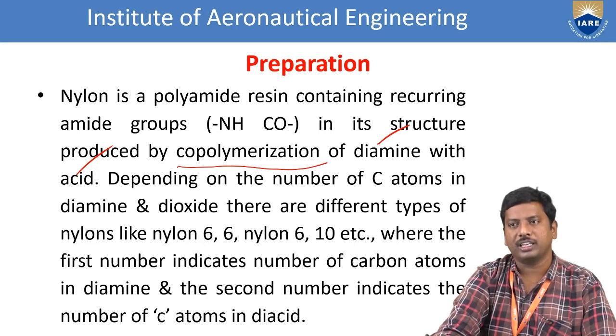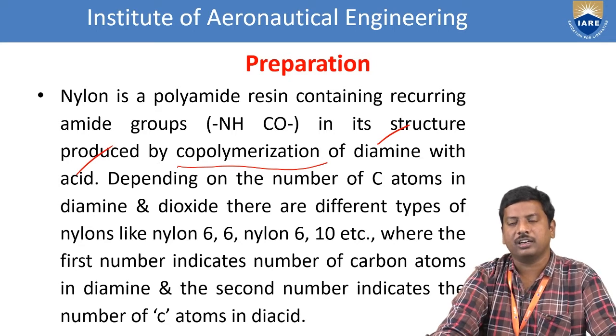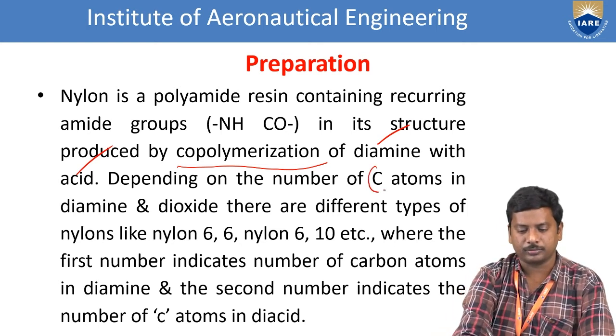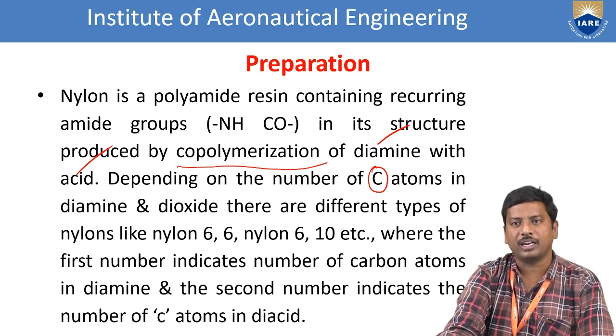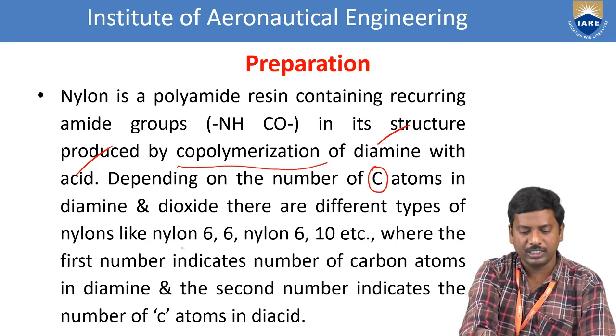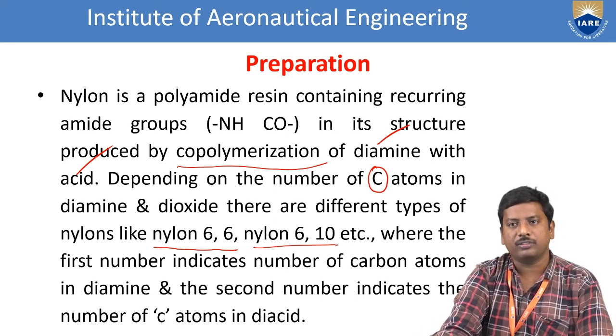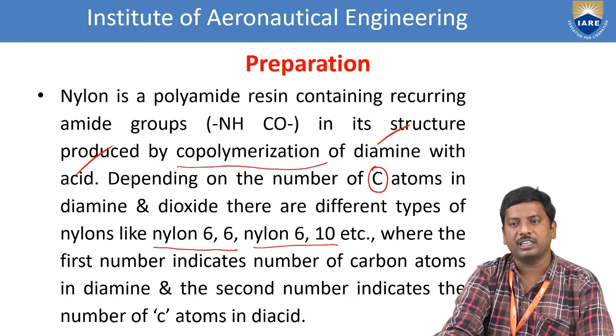Depending upon the number of carbon atoms in the diamine and diacid, there are different types of nylons, like nylon 66 and nylon 610. The nylon material can be classified by the total number of carbon atoms in the diamine and diacid. The first number indicates the number of carbon atoms in the diamine and the second number indicates the number of carbon atoms in the diacid.